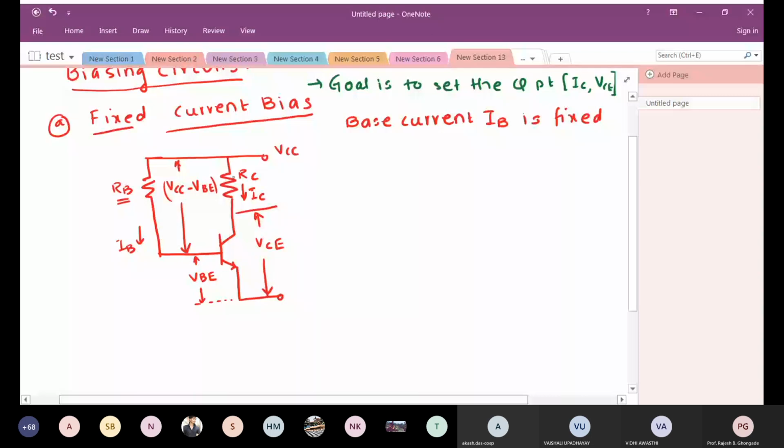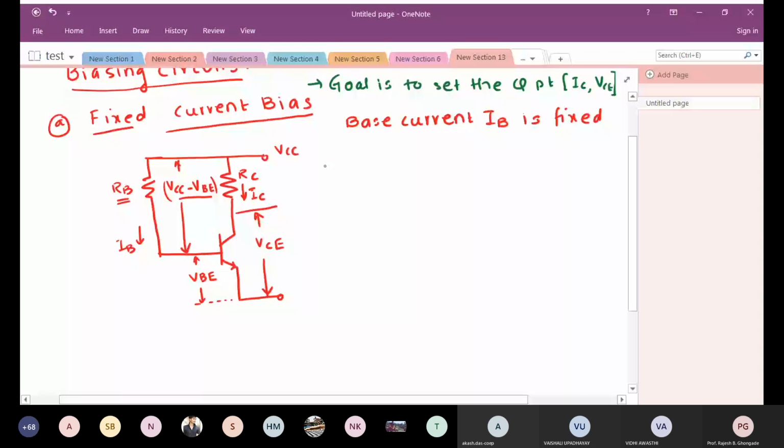First of all, have you understood why this is VCC minus VBE? Yes, sir. Okay, good. So can I write an equation for IB in terms of RB and this voltage across RB using Ohm's law? That is quite possible.